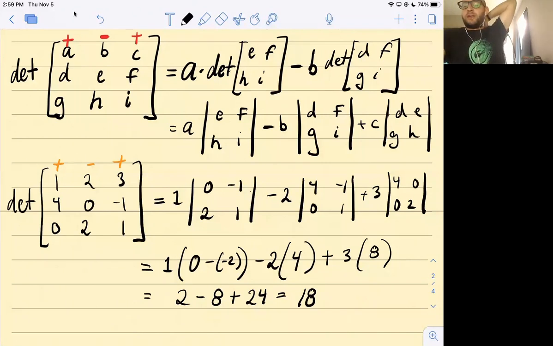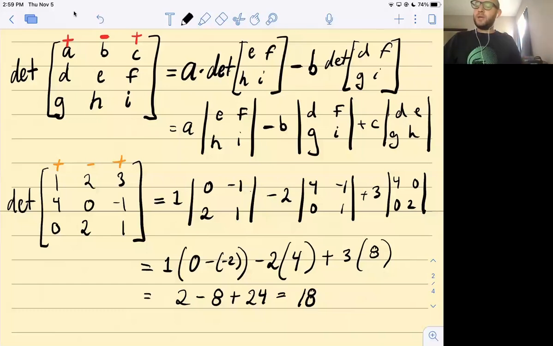If you wanted to find the determinant of a 4 by 4, you do the same exact thing, but you're going to need to do the Candy Crush method with the top row, plus minus now. When you do the Candy Crush method, you're going to have to do 4 3 by 3 matrices. And then you do the 3 by 3 matrices this way. It's going to be a lot of work, but you're just cascading it down. So you can always break it down into 2 by 2 matrices.